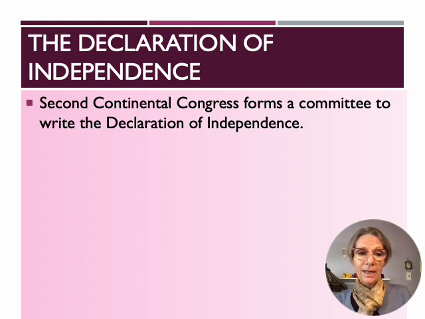Okay, they have delegates from all 13 states, and they're charged with declaring independence, and then making an argument for why their break from Great Britain is justified. And so one of the things that the Continental Congress does is form a committee to write the Declaration of Independence.